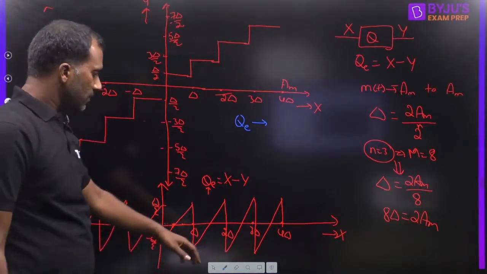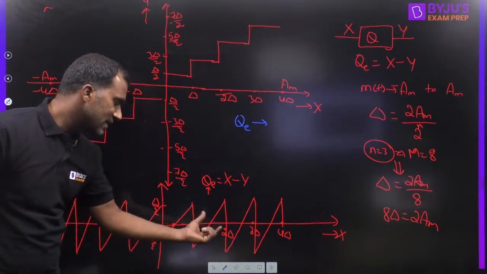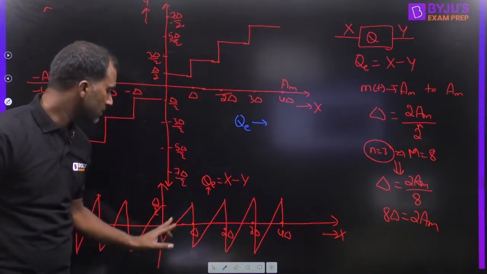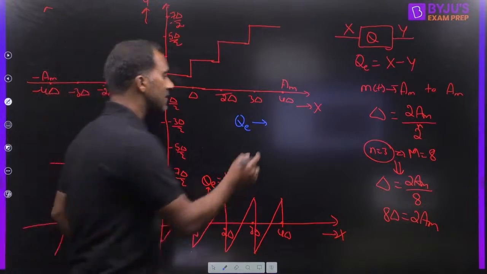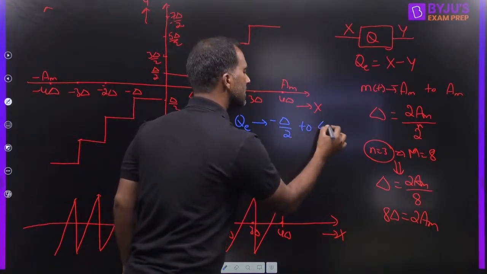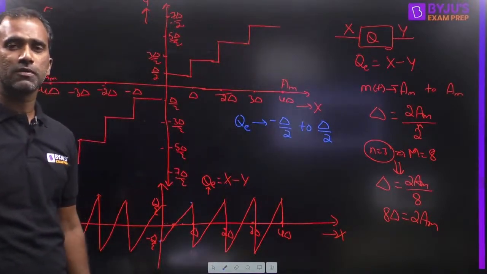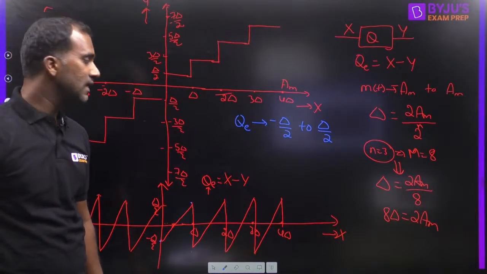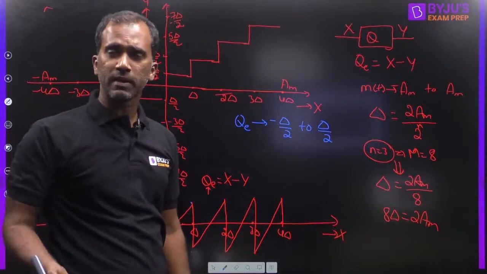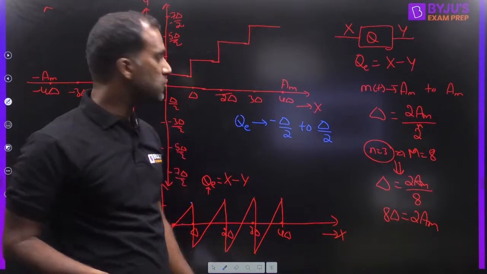Okay, fine. Right, understand carefully. What are the values taken by the quantization error in the first region, second region, third region, or all regions? It is taking the same values. And what is the minimum value possible? Minus delta by 2. The maximum value possible is delta by 2. So the range of voltages possible for quantization error is minus delta by 2 to plus delta by 2, and it can take any value in that range, based on the input voltage.